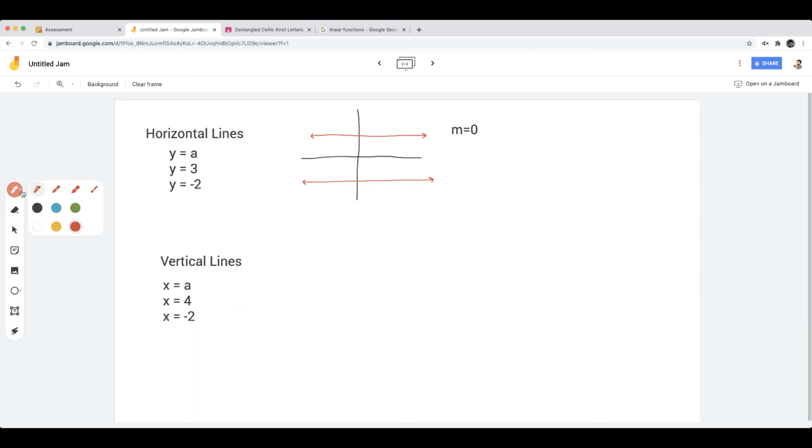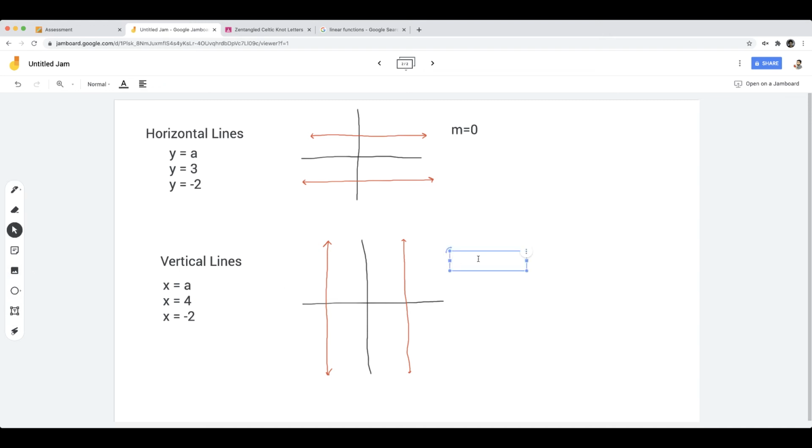So in this case, drawing the line would look like this. Here x does not change, so that means that the lines are vertical, so they go like this. So that would be x equals 4. X equals negative 2 would be somewhere over here. I'm not really drawing it to scale. I'm just showing more or less where it would be, on the left side of the y-axis. All right, so that's vertical and horizontal lines. And in this case, for the vertical lines, slope is undefined.